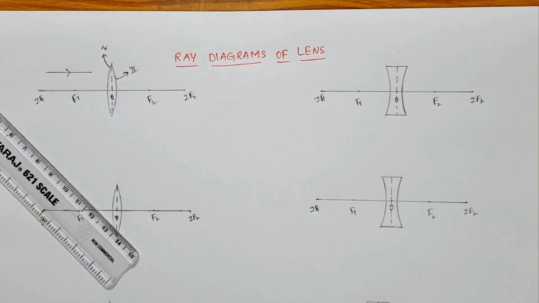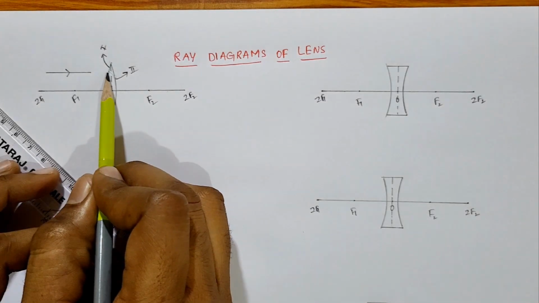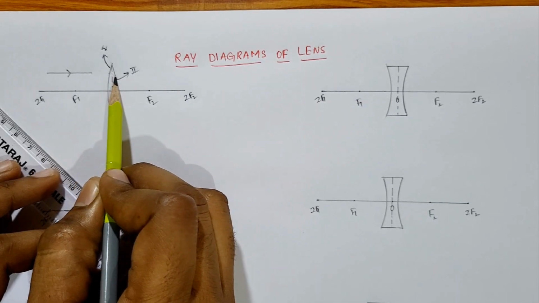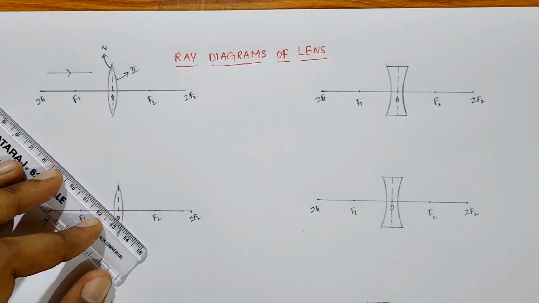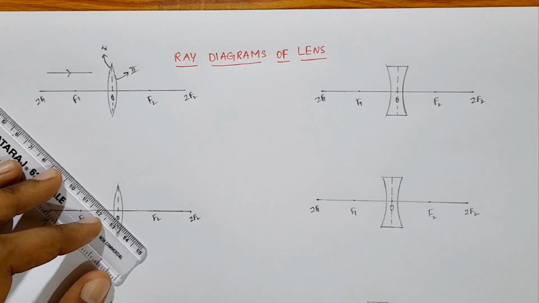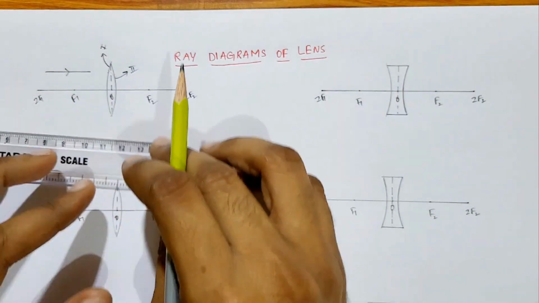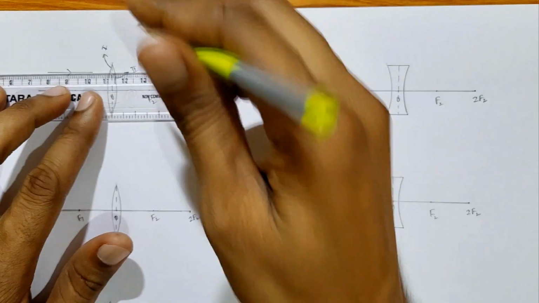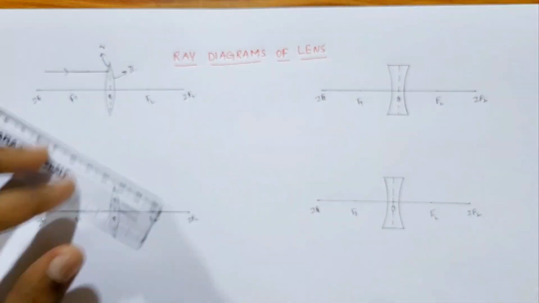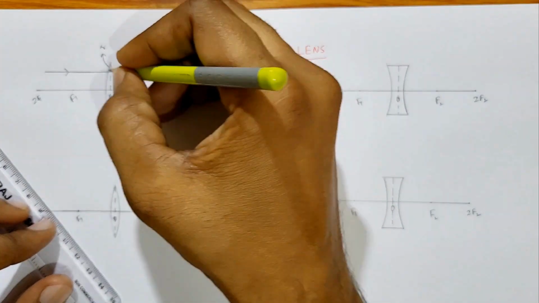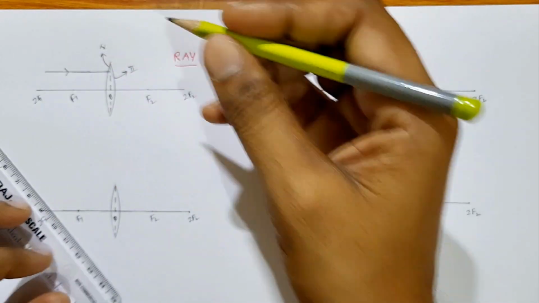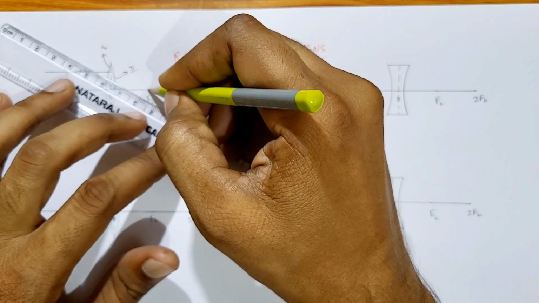So here one refraction will happen, here one more refraction will happen. But we are not going to represent those 2 refractions here. In between at the center we have taken a straight line, correct? We are going to take the incident light ray until that straight line. After that, from that straight line only, we are going to draw how the refracted light ray will go.